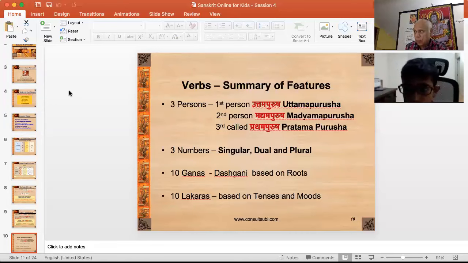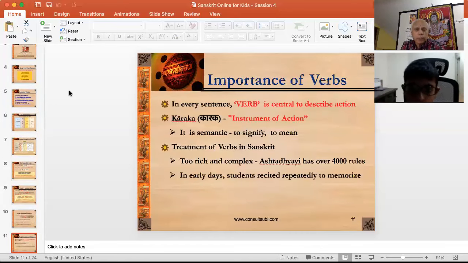Let's see how important a verb is. In every sentence, the verb is the most important because it is describing an action. So you have a term called Karaka. Karaka means instrument of action.